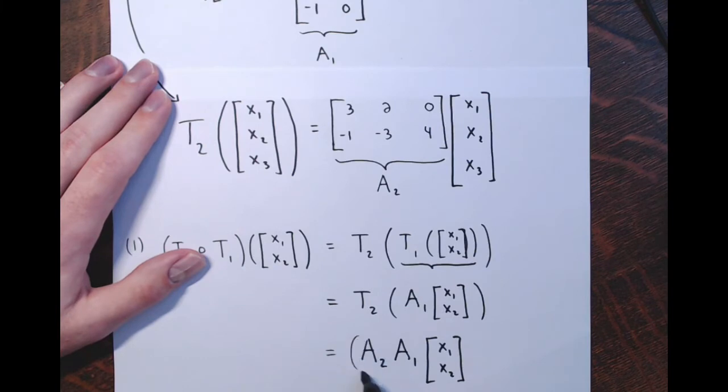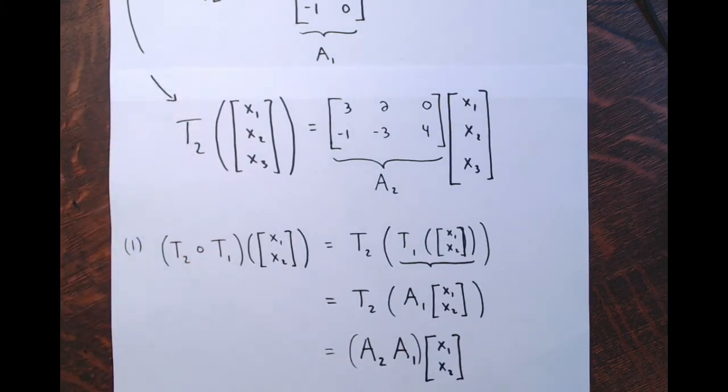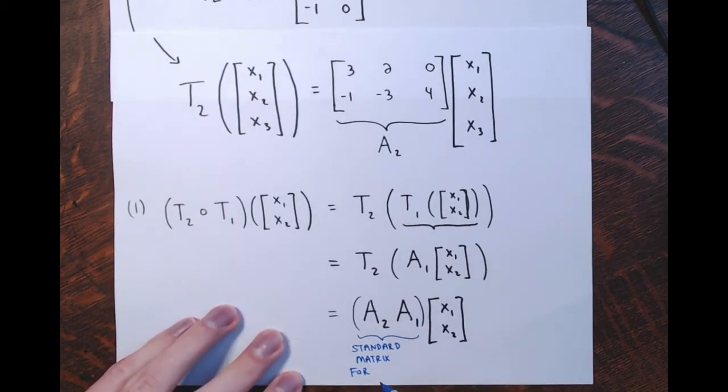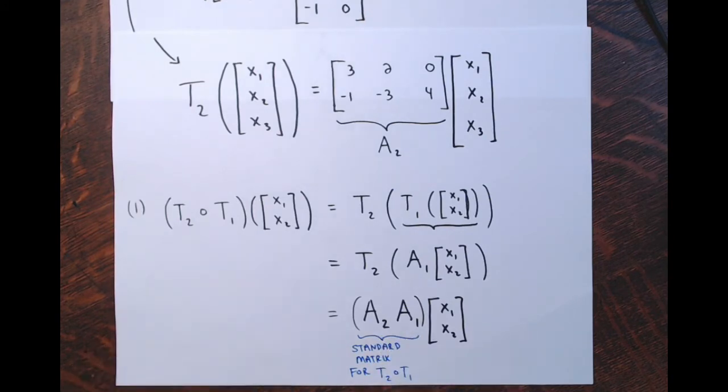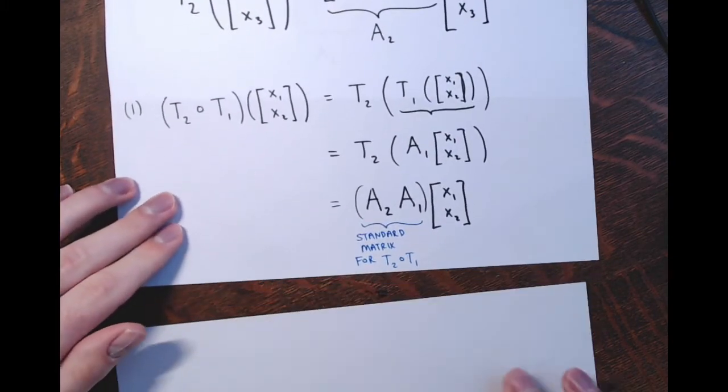All right, and then A2 times A1, this is going to be the standard matrix for our composition, the standard matrix for T2 composed with T1. And let's see what happens when I get A2 times A1 here.